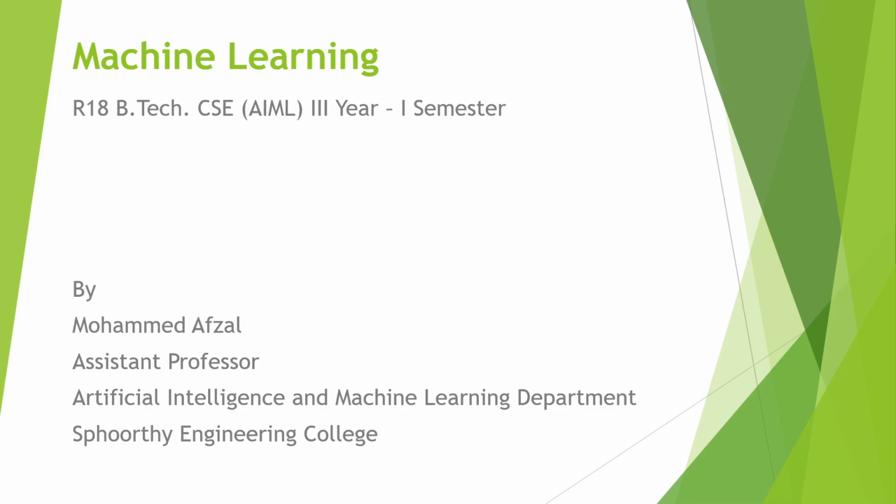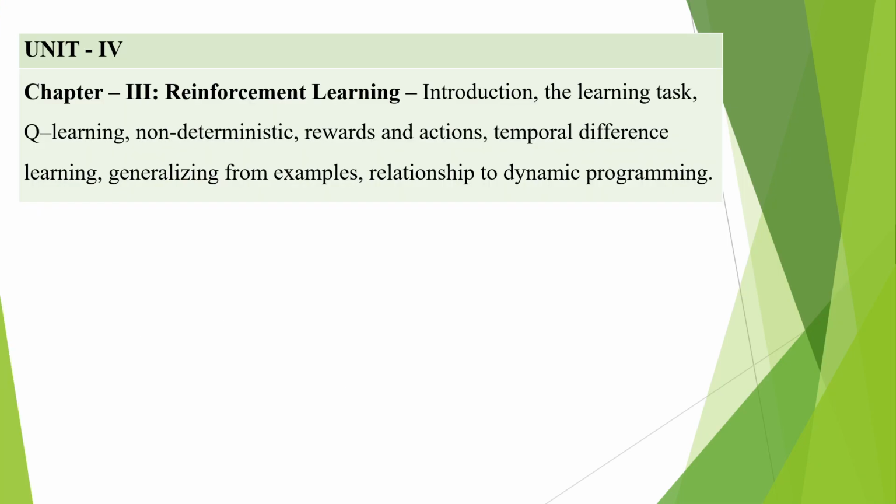In today's session, we'll be discussing the third chapter of the fourth unit, that is reinforcement learning. Under this chapter, first of all, we'll see the introduction to reinforcement learning, what exactly reinforcement learning means. Then we see the learning task, I mean, how the learner learns, and based on what.